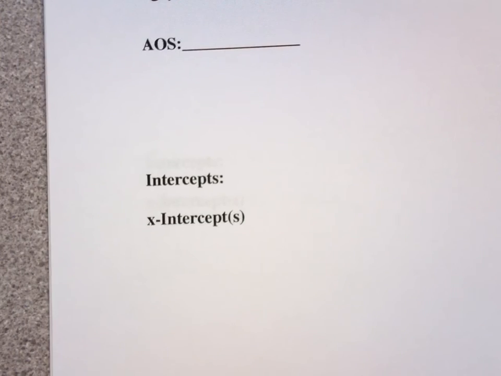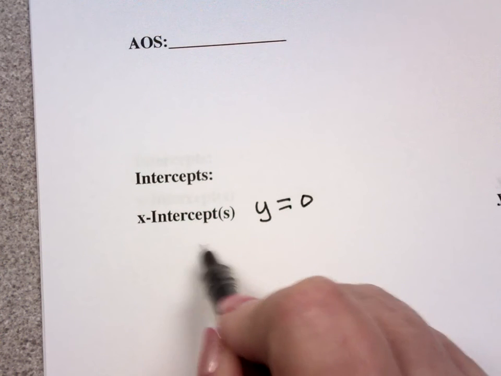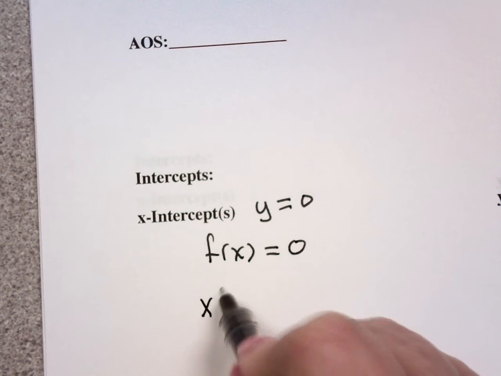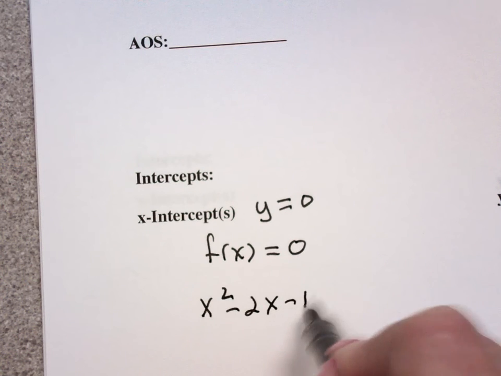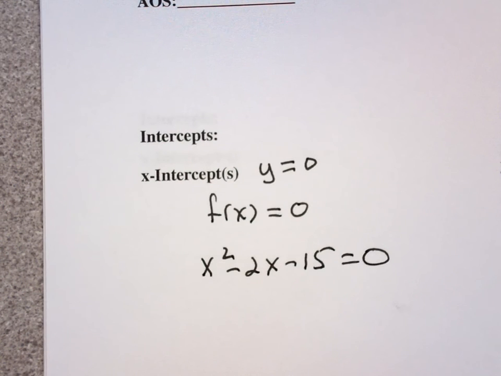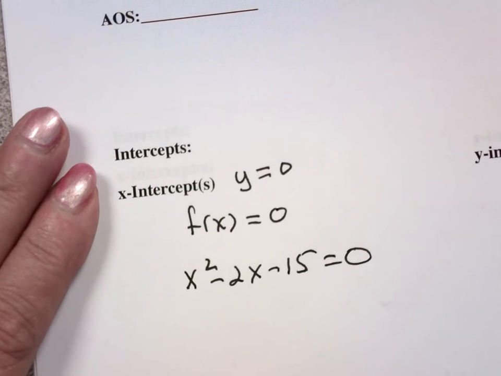What are the x-intercepts? Well, the x-intercepts is where y equals 0, or f of x equals 0, or x squared minus 2x minus 15 equals 0. And this is where I hope that the factoring gods are with us and the stinking thing factors. Because if it doesn't factor, what do I have to use? The quadratic formula. Oh no, we don't want to complete the square to solve.